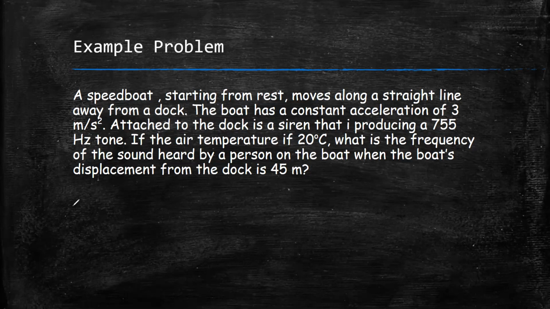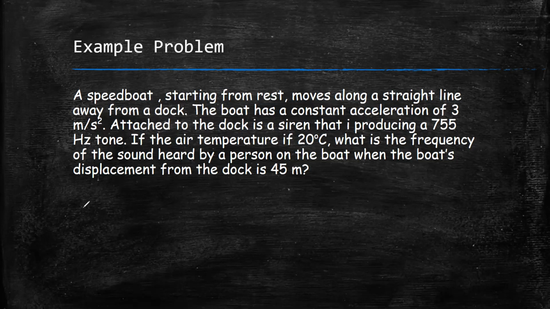So we are looking for the frequency heard by the observer as the observer is moving away from the source of the sound, wherein the source of the sound is the horn or the siren located at the dock at a stationary position.